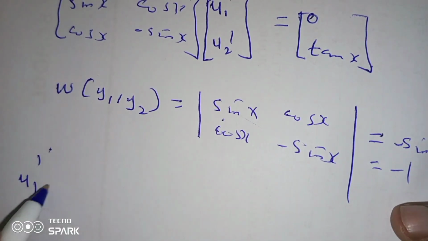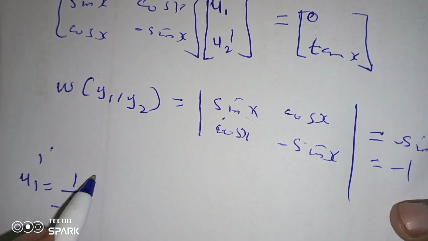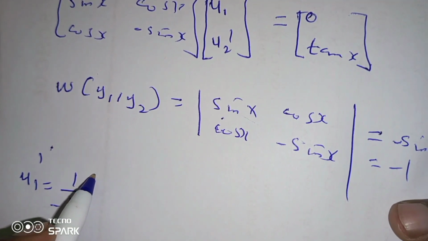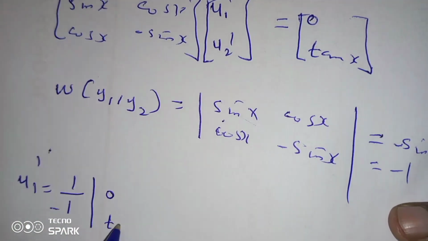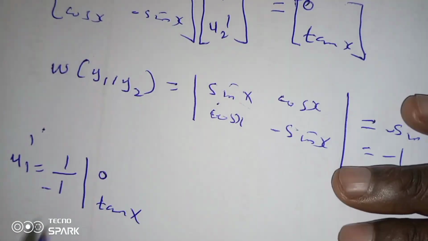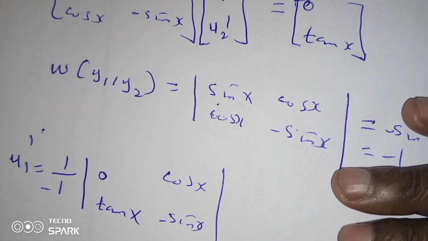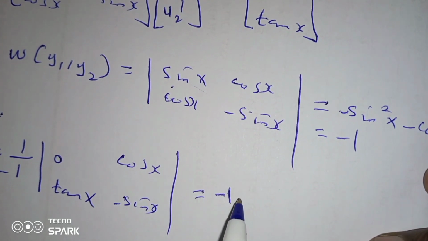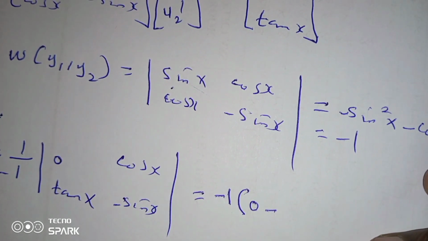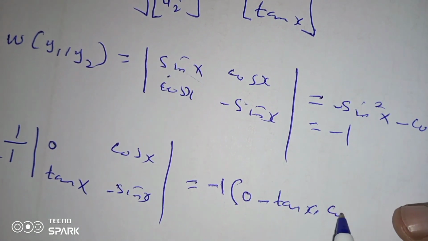From there, I'm going to obtain u1 prime equal to 1 over the Wronskian, that is 1 over -1, times the determinant of the matrix 0, cos of x, tan of x, negative sine of x. This will give you negative into bracket 0 minus tan x multiplied by cos x.